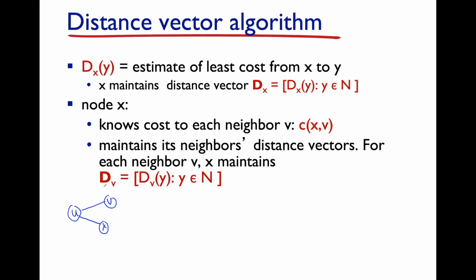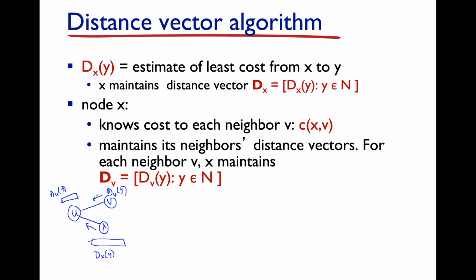I also maintain not only my distance vector, du, to get to some node y, I also get the distance vector of each of my neighbors. So I'm going to get this distance vector dv to get to some other node y, and I'm also going to get this distance vector from my other neighbor, and we'll call that dx to get to some other node y.